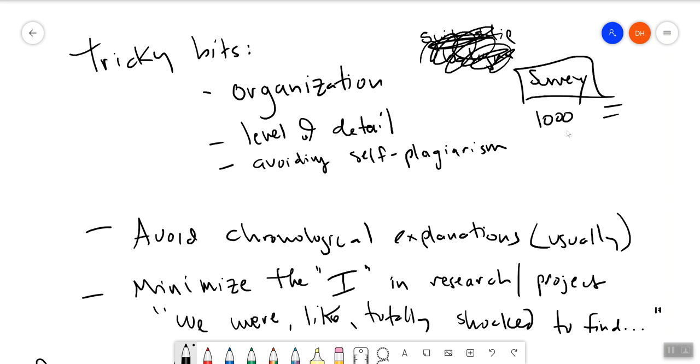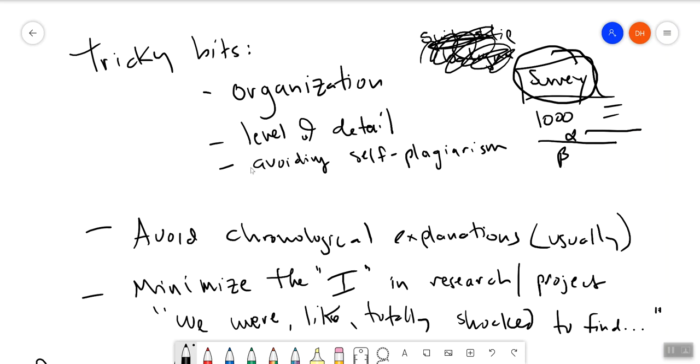So let's say you do 1,000 people and you are doing research project alpha. Okay, you have all your research, all your methods, conclusions, but you also realize that this survey could be used in a completely different research project.